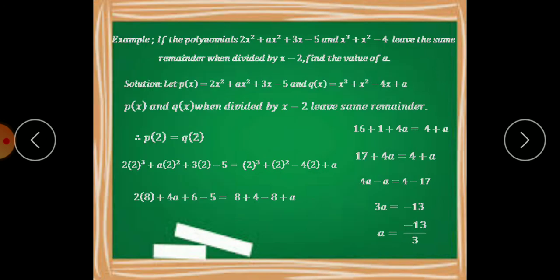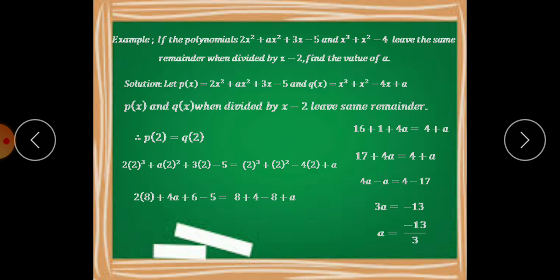Let us see one more example where two polynomials are given, 2x cube plus ax square plus 3x minus 5 and x cube plus x square minus 4, which have the same remainder when divided by x minus 2. Then find the value of a.